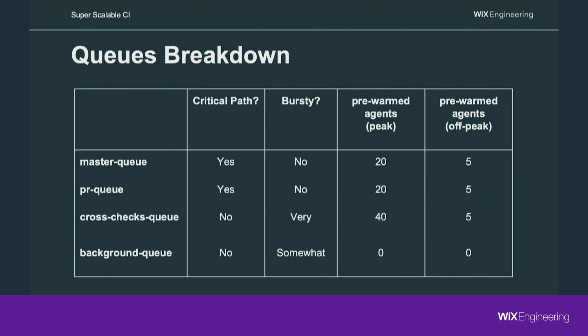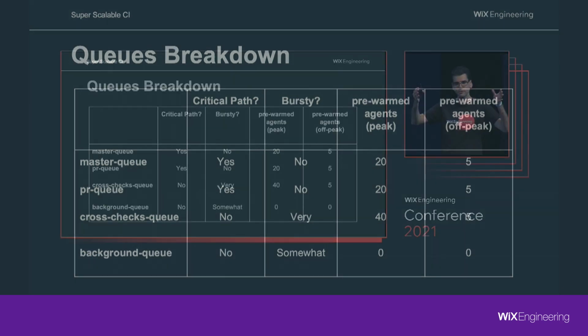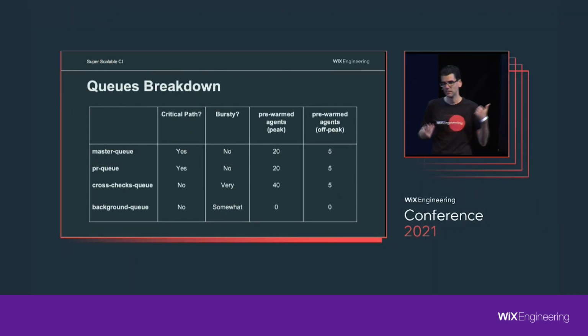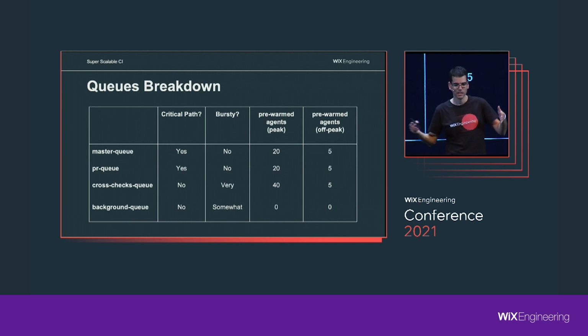If they are extremely bursty, extremely spiky, maybe we would want to have just enough pre-warmed agents to handle the first spike. And then Keda, as Etamar just described, will scale out organically. And it's like having an imaginary slider where you can choose how fast a build will start running versus how much we're paying in advance, as we have more pre-warmed agents that we pay for.